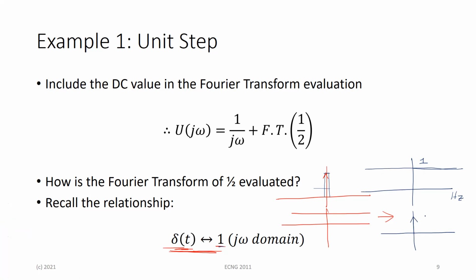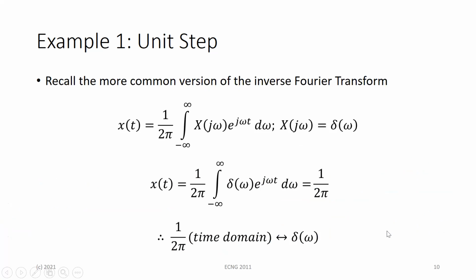This is expected, right? So we need to prove it. How do we prove it? This is where the properties of the Fourier transform come in.